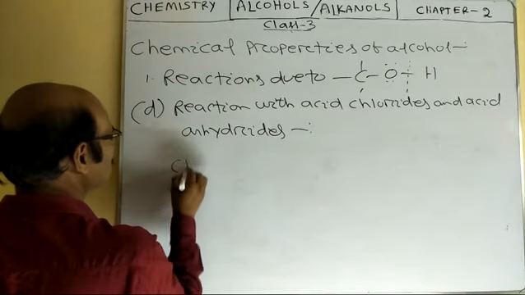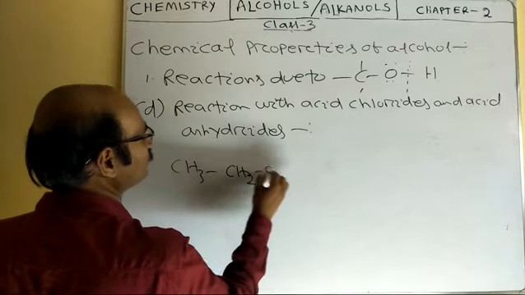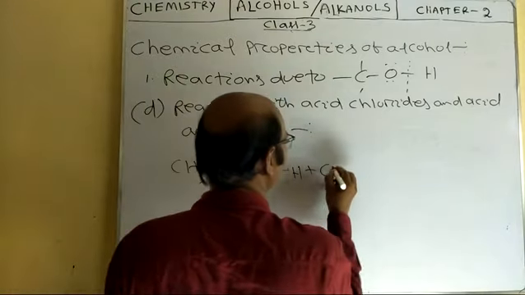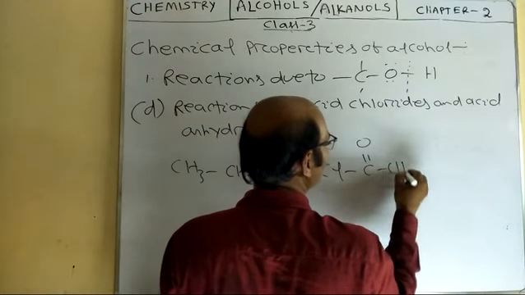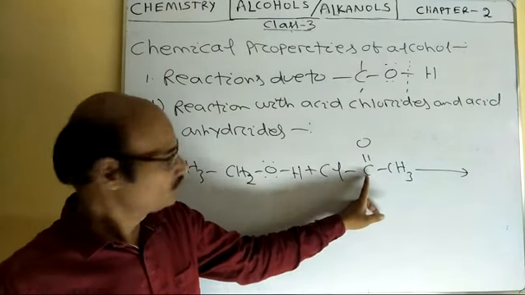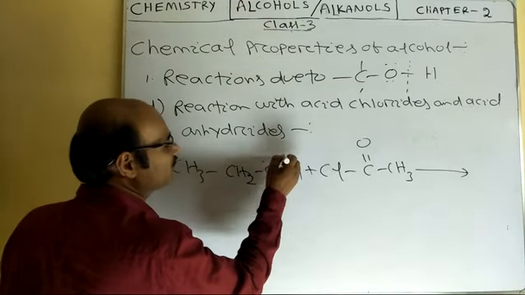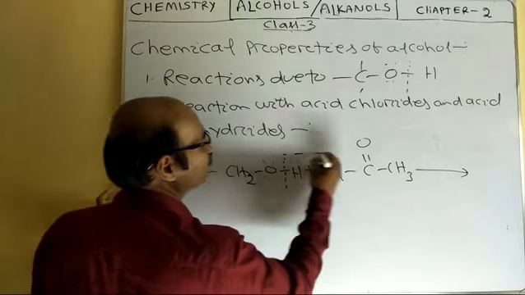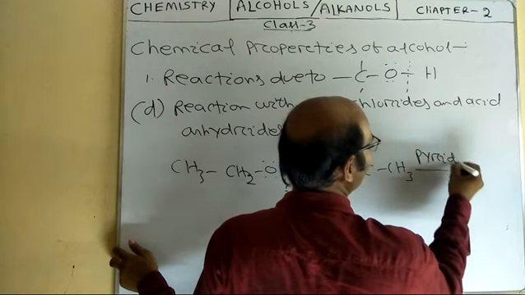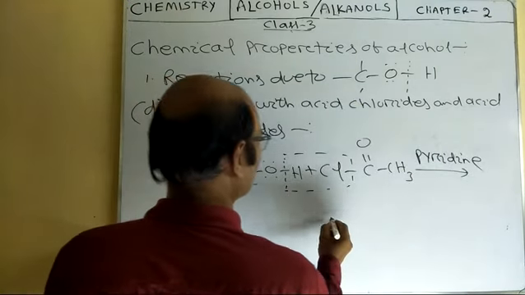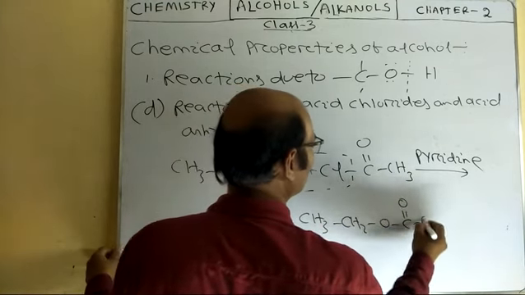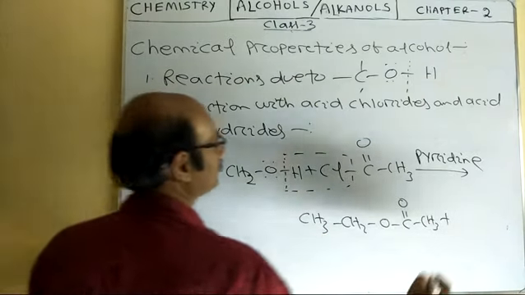See, CH3CH2OH plus acid chloride, CH3-C double bond O-Cl. With OH bond breaking, we will have HCl, which in the presence of pyridine base is taken up, and we will have CH3CH2O-C double bond O-CH3 plus acid.